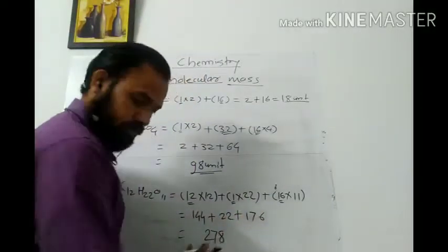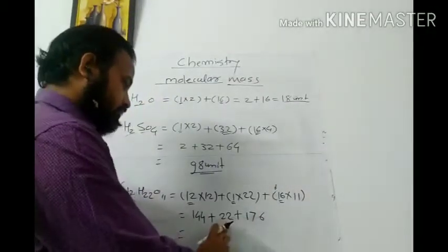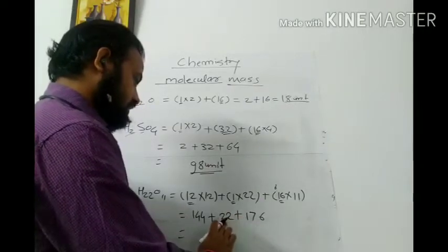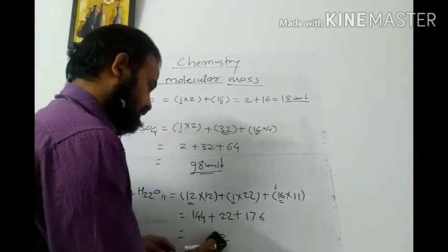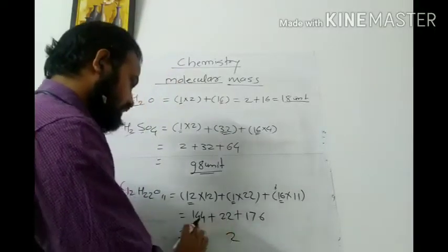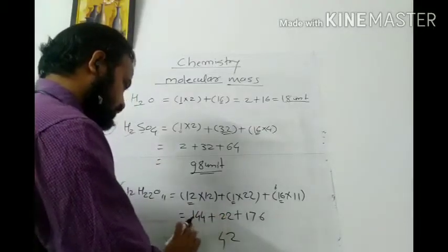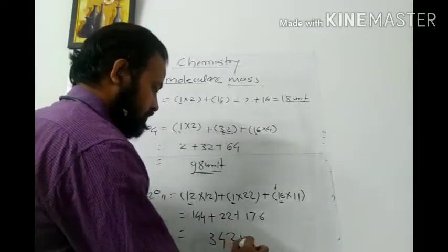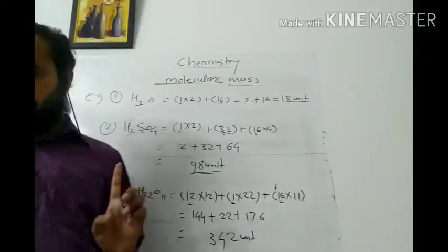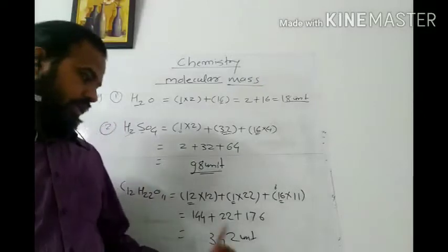Now I will add it: 144 plus 22 plus 176, and I get 342. So this is the molecular mass of sucrose, isn't it? Yes, it is 342, the correct answer.